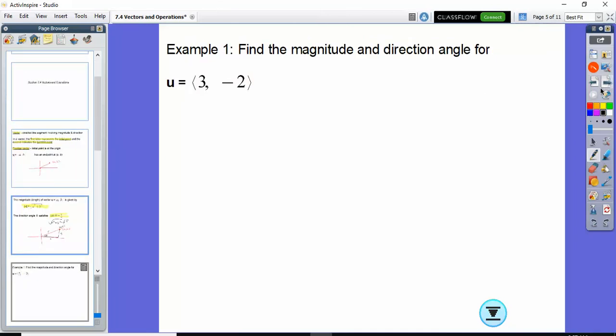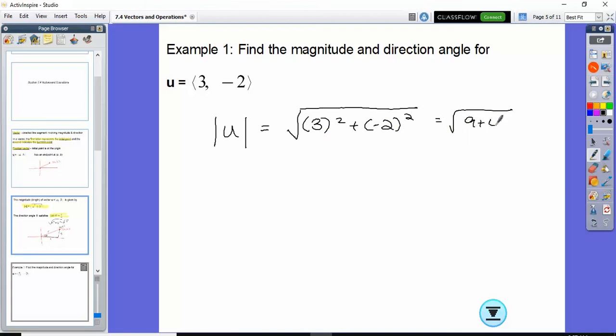Okay, so our first example. I want to find the magnitude and direction for this vector. Magnitude is just the length of the vector. So if we use our formula, it's the square root of a squared plus b squared.